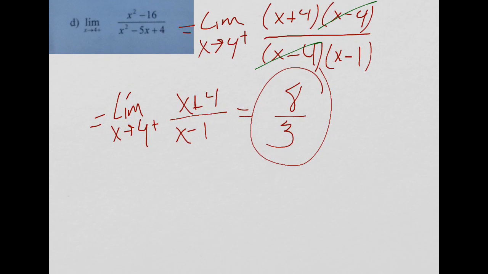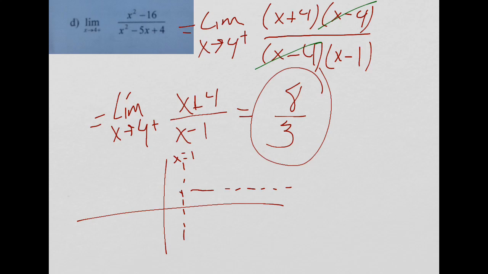So if you were asked back in Algebra 2 to graph this thing, you would factor it, you would cancel it, you would have this thing. So now we go and we graph this thing. It's got a vertical asymptote at x equal to 1. It's got a horizontal asymptote of y equal to 1.